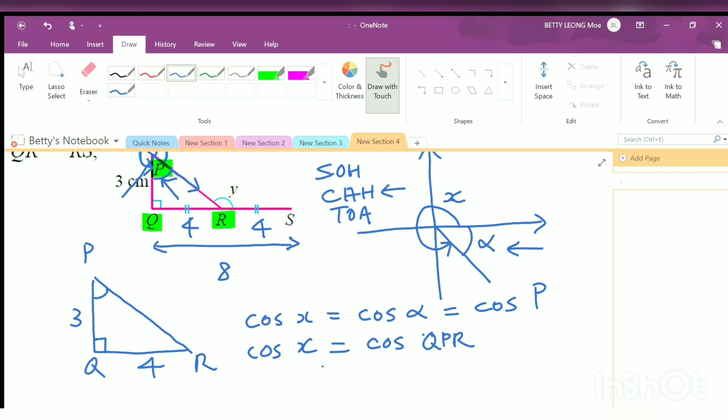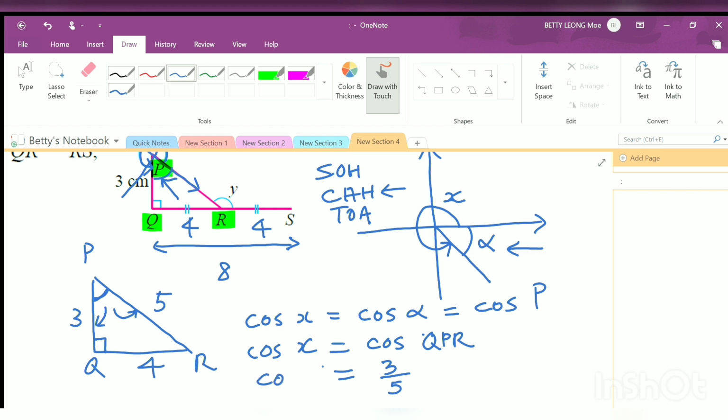If this is the angle, the adjacent is here, and this is your hypotenuse, so you use your Pythagoras. This is actually 5. That one I hope you already memorized. So it is 3 over 5.